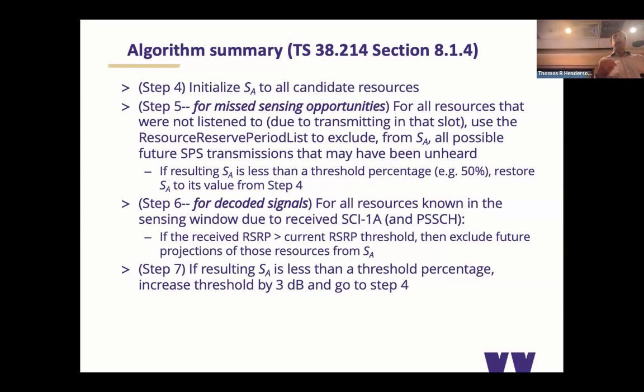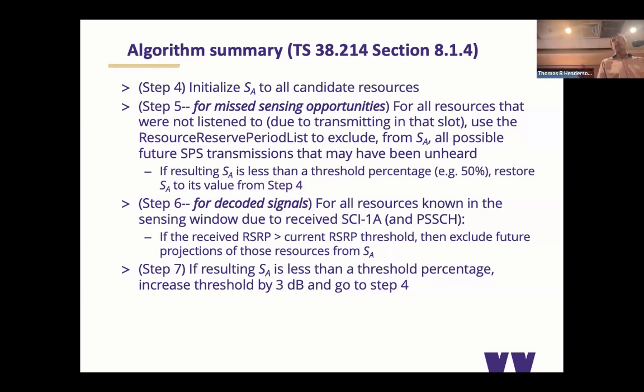And so what the algorithm does is it looks at all such slots, and it will consider the possibility that maybe somebody else was using a resource in that slot, but it doesn't know what the scheduling properties were of that resource.